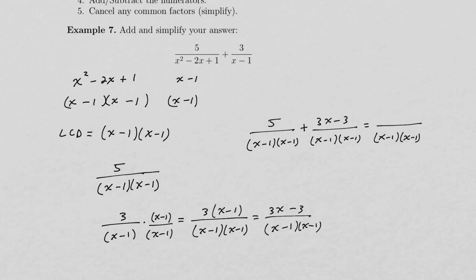And then I add the numerators, which is basically combining like terms. So there's no other x's, right? So I just have 3x. And then what's 5 plus -3? That's going to be a positive 2. Okay, and then that's the answer. And again, if you wanted to, you could write this as 3x plus 2 over x minus 1 squared. Right, that would also be correct.